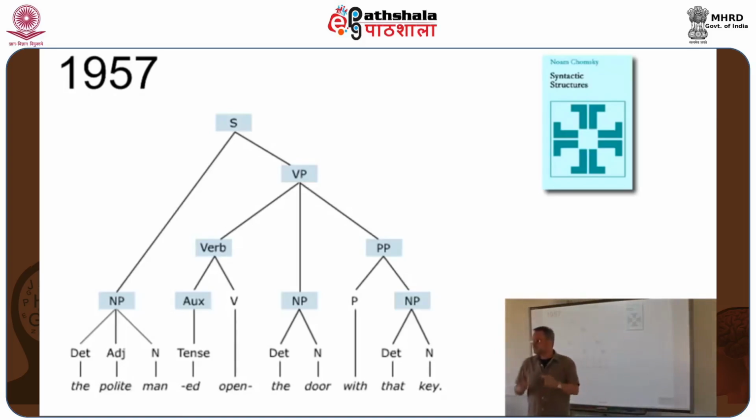Let's look at the central properties of the 1957 system. S, which stands for sentence, is the highest category. It consists of two central categories, the noun phrase and the verb phrase.